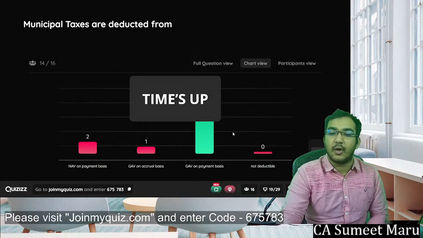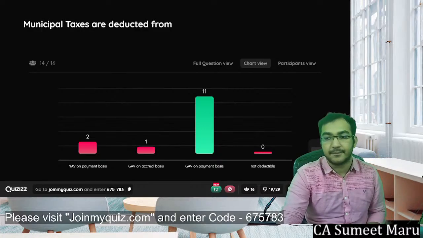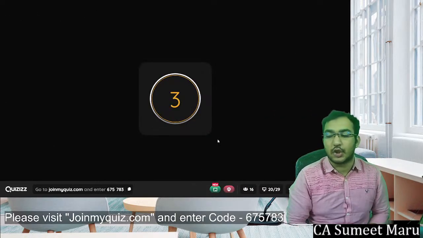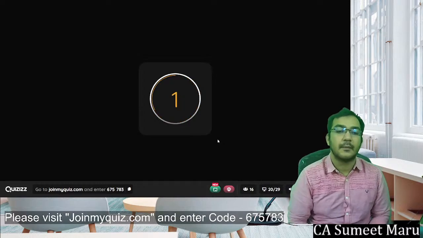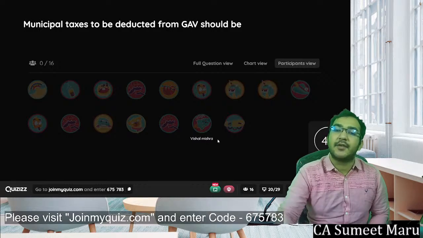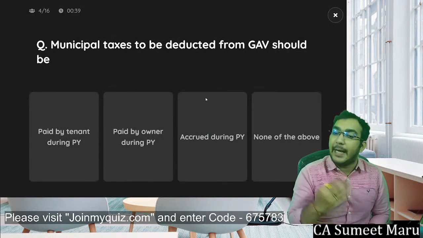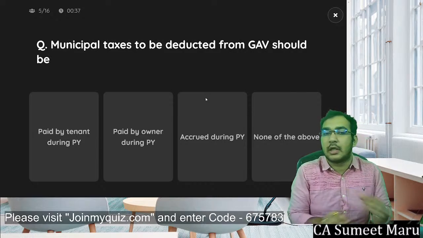And the right answer is GAV. Very good. On payment basis. Perfect. Next question. Question number 20. Municipal taxes to be deducted from GAV should be paid by tenant, paid by owner, accrued, none of the above.